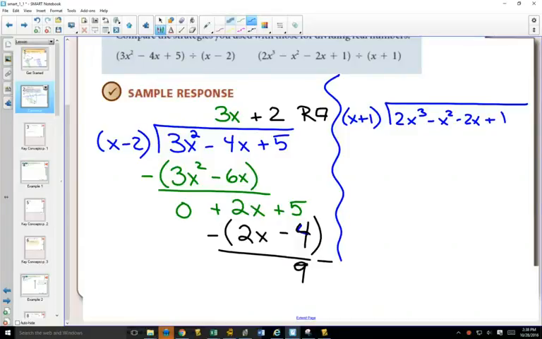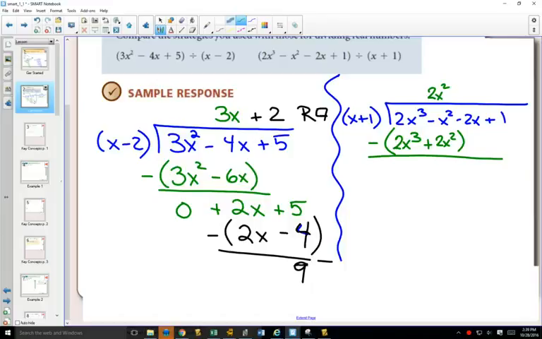We start by looking at our biggest thing, which is the 2x cubed. What could I multiply x plus 1 by to get 2x cubed? 2x squared. We write that over our x squared column to keep everything nice and neat and orderly. And then we multiply the 2x squared times the x plus 1, which will give us 2x cubed, and 2x squared times plus 1 is plus 2x squared. Put brackets around it and subtract.